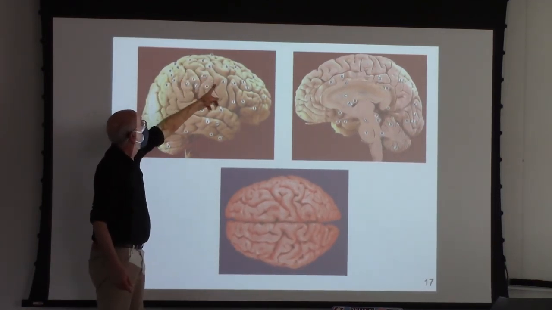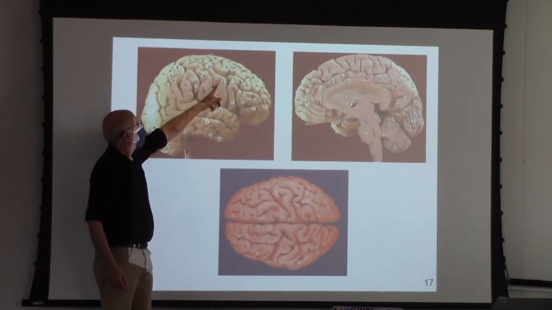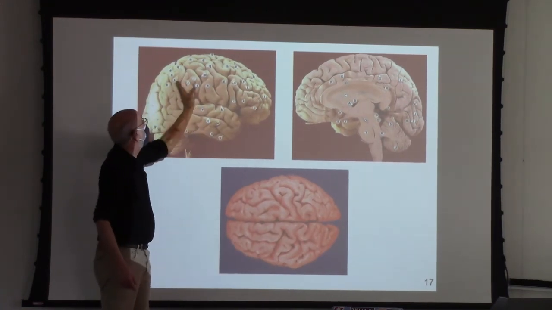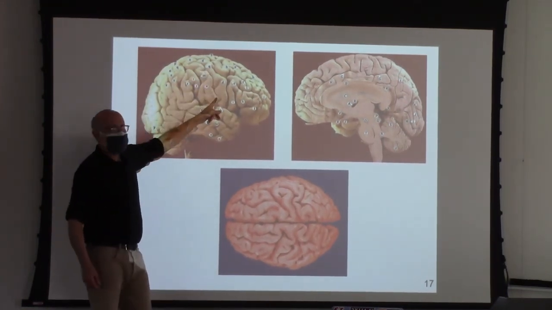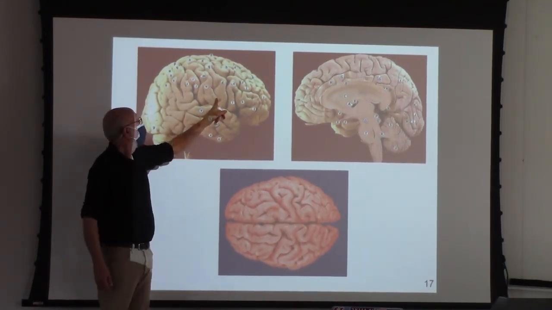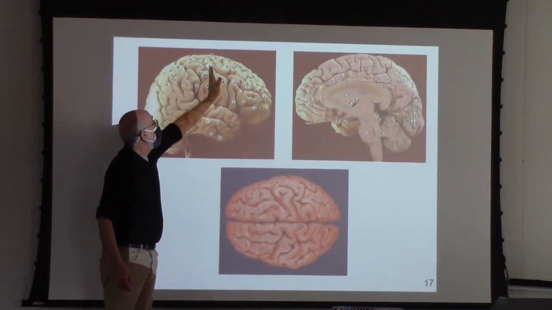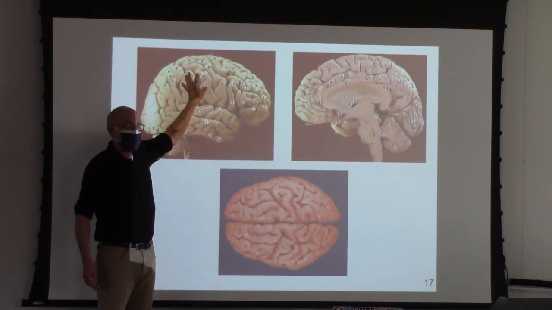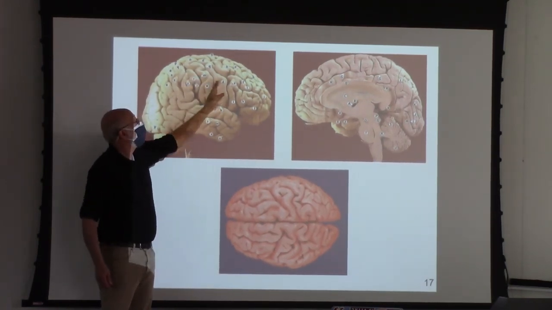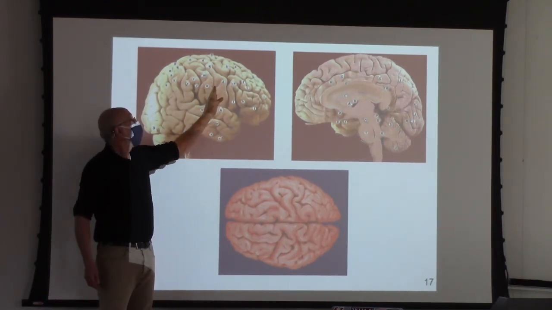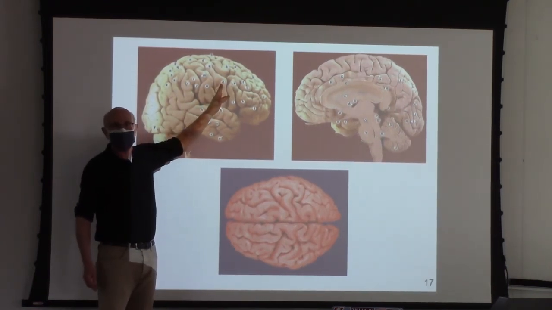This sulcus that separates the frontal lobe from the parietal lobe has a name that I do want you to know. It's called the central sulcus. Frontal lobe, central sulcus, parietal lobe. The gyrus in front of the central sulcus is called the precentral gyrus.